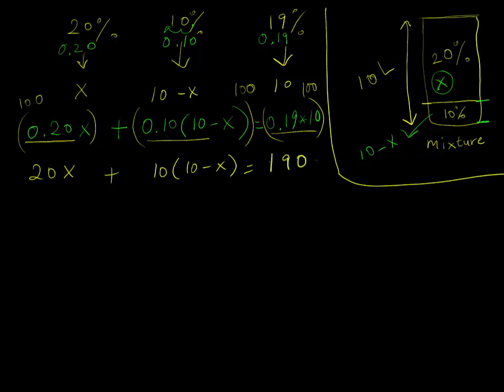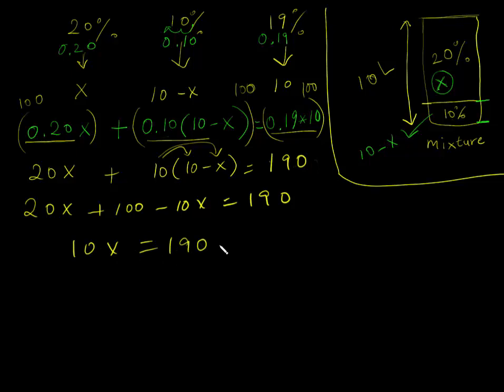Okay, so next step is to distribute this. So we get 20x plus 100 minus 10x equals 190. And now collect like terms. 20 minus 10 is 10x equals 190 minus 100 using the addition principle, right?